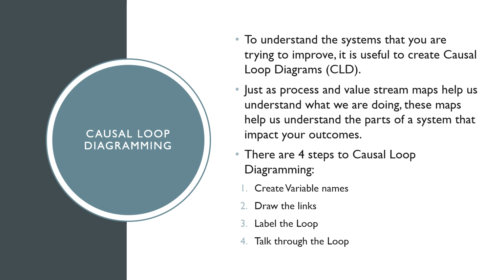Label the loop. Loops are either balancing loops or reinforcing loops. Inside a reinforcing loop, you will find an R, and a B will be found inside a balancing loop. For example, the poor circulation rate may make it undesirable to use a car to get to work because it takes too long to drive across town, thus reducing single car usership.